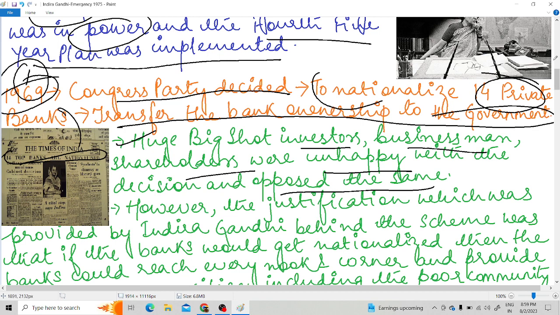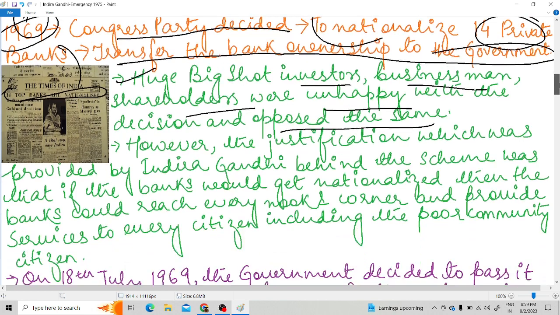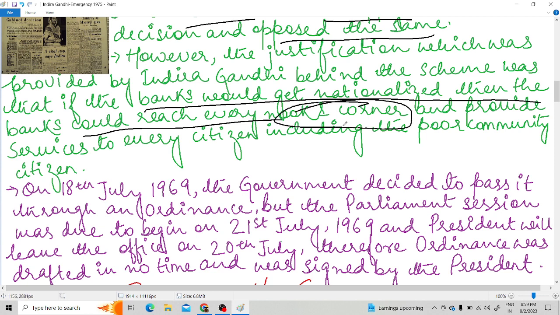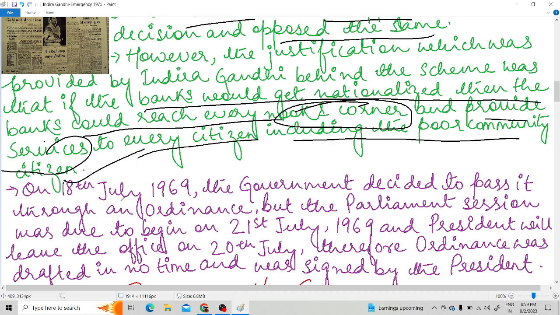However, the justification provided by Indira Gandhi was that if the banks were nationalized, then banks could reach every nook and corner and provide services to every citizen, including poor citizens.